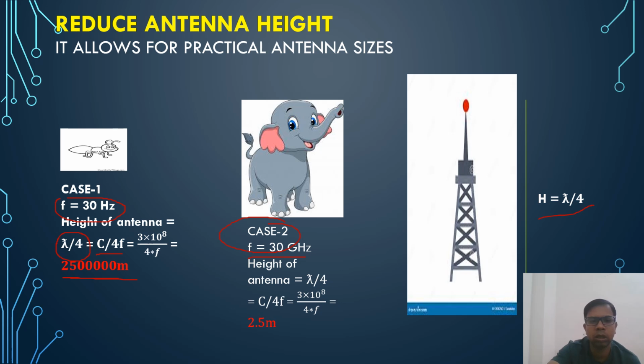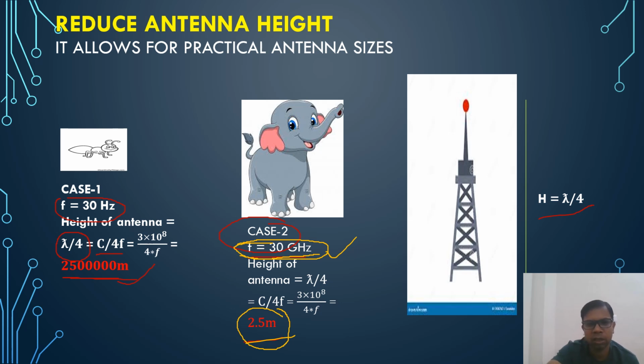That is, you can read out the value on the slide. In case 2, when we calculate the height of the antenna, we get 2.5 meters. This is the practical height, and this height is achievable. So with these two cases, we can simply say that when the message signal frequency is very high, in the megahertz or gigahertz range, we can achieve a practical height of the antenna.